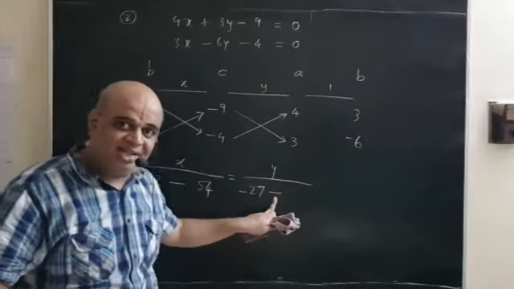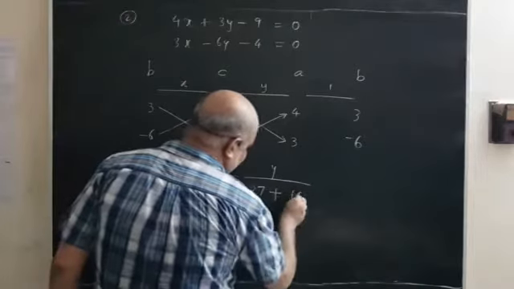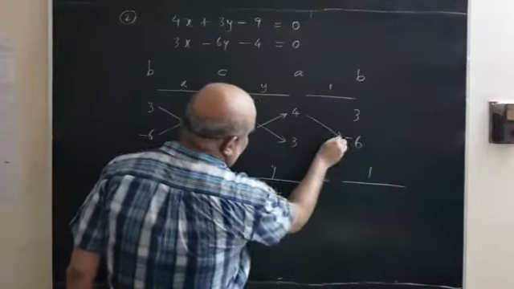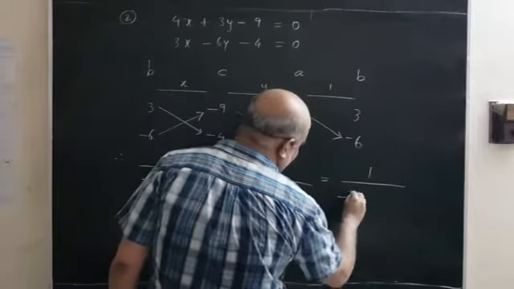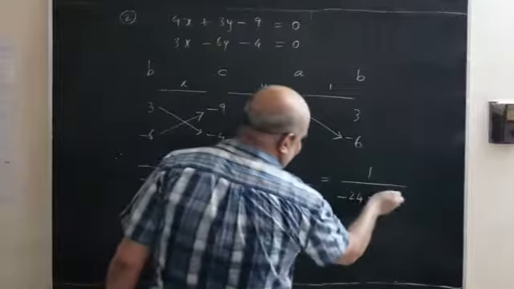Already I have a minus here. So minus of minus 16 becomes plus 16, is equal to 1 divided by, once again this arrow, 4 into minus 6, minus 24, minus 3 into 3, 9.